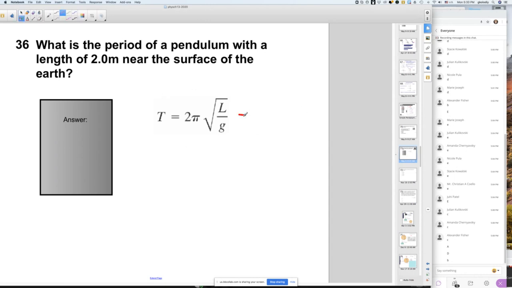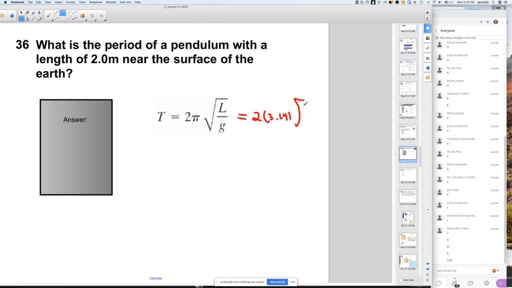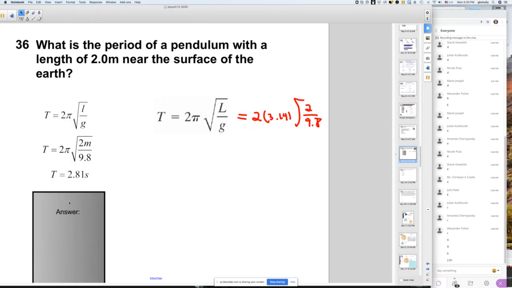It'll be 2 pi, 2 times 3.14, square root of 2 over 9.8. And it is 2.81.